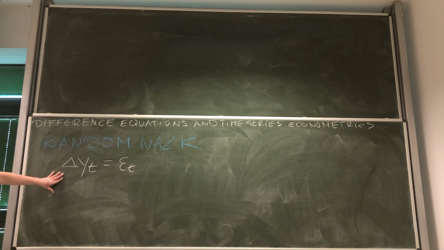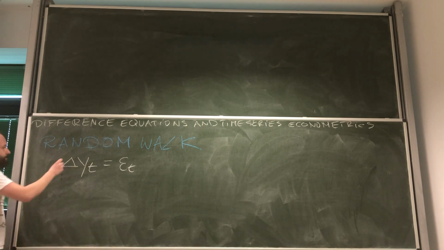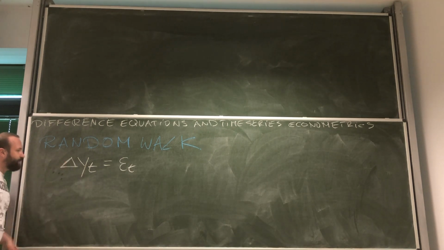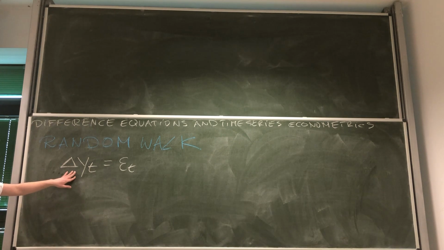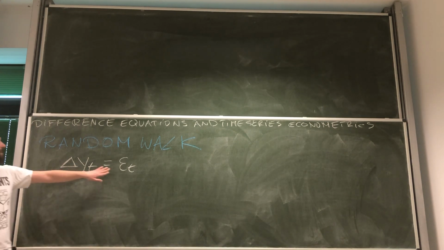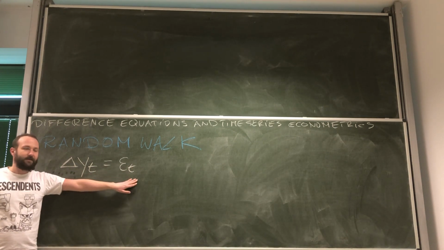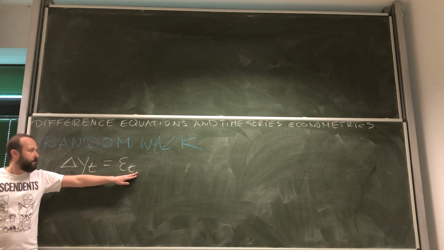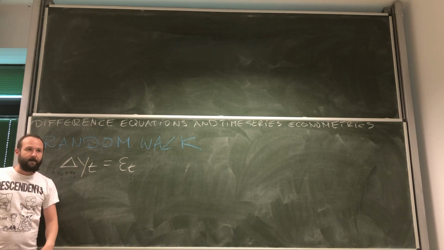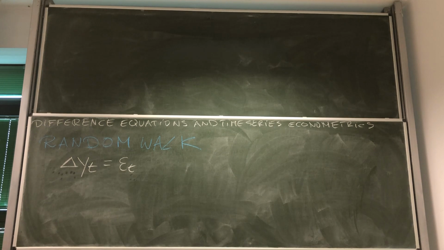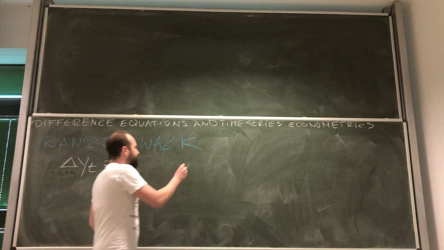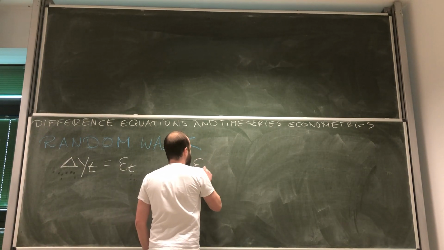So, what do we have here? Here, we have delta y_t, which we already defined, and this delta y_t is equal to epsilon_t. What is this epsilon_t? Well, this is our shock.